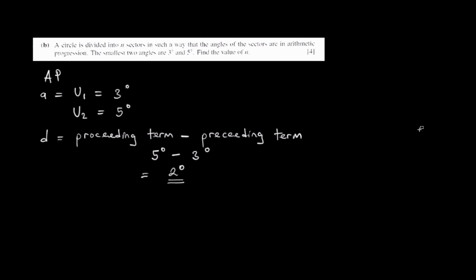Looking at our question, the first part says a circle is divided into n sectors in such a way that the angles of the sectors... So if it's a circle, all the angles in a circle give us 360 degrees, which is a complete revolution. I know that in advanced level maths we usually work with radians, but here, because of my units, we are forced to work with degrees.